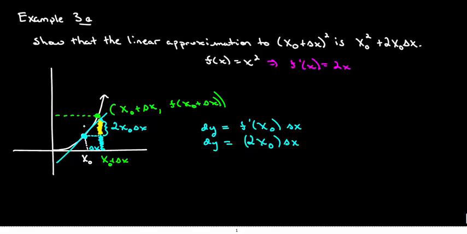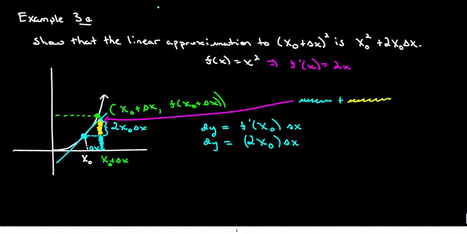So this point, let me draw it in here. This point has a y value of the blue length plus the yellow length. Okay, and so dy is just the little change in y.